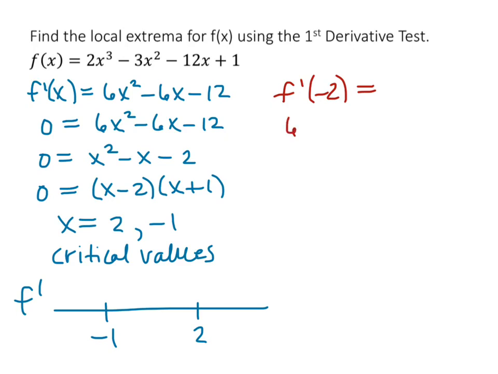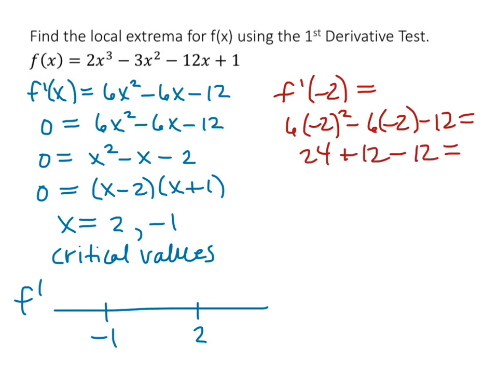And this will become 6 times negative 2 squared minus 6 times negative 2 minus 12, which is equal to 24 plus 12 minus 12, which is 24. The important part to note is that this is greater than 0, meaning we got a positive value for the first derivative. To the left of negative 1, we tested that the first derivative is positive.